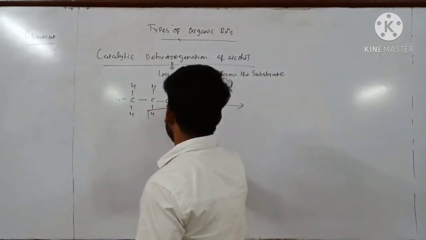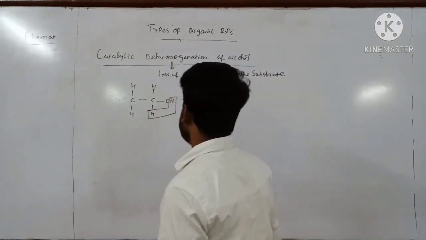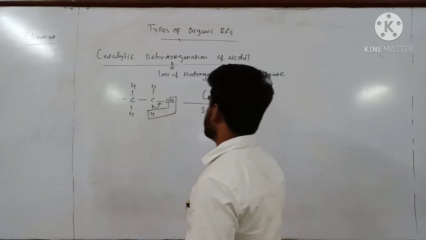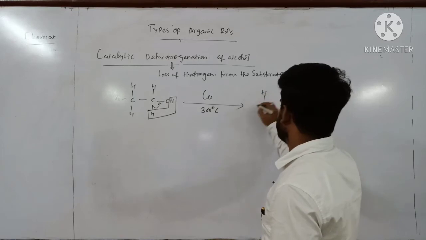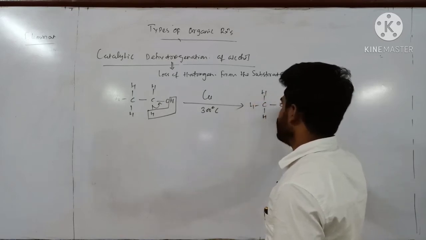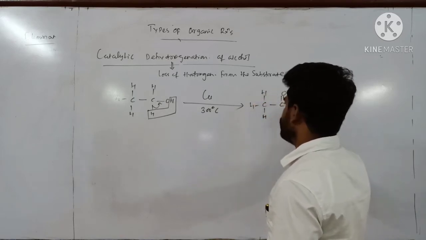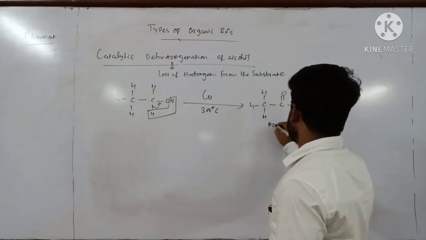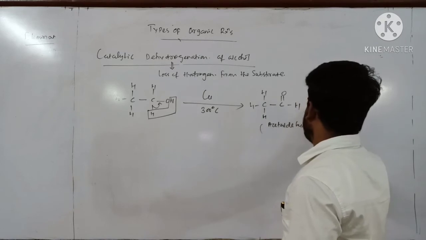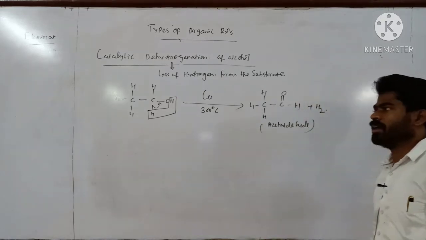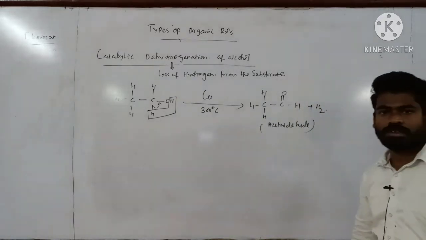This hydrogen and this hydrogen get eliminated and a double bond is created between carbon and oxygen. So the product is CH3-C(=O)-H. This is acetaldehyde, loss of hydrogen. This is one type of elimination.